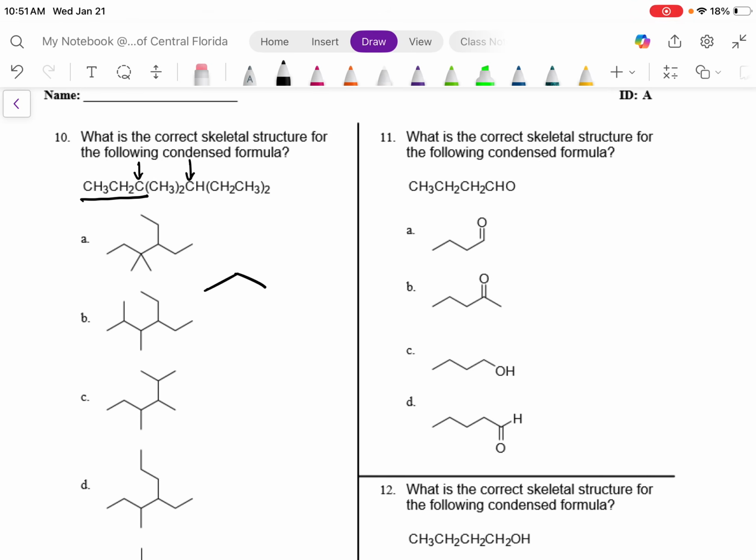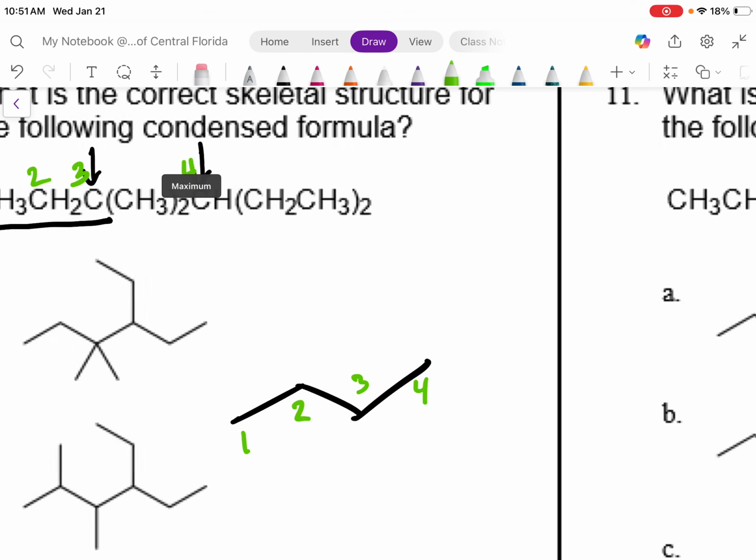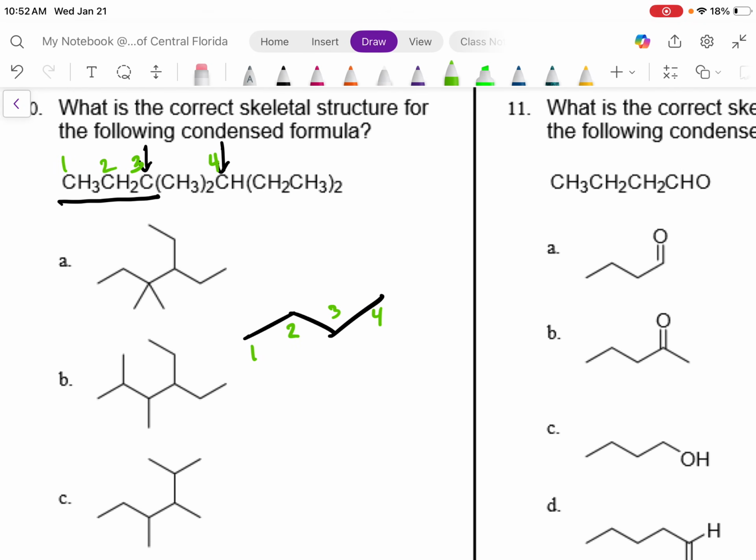So I'm going to draw another carbon. So if I number these things, 1, 2, 3, 4. I can see from the diagram here that carbon 3 has 2 methyl groups attached to it. So I will draw in my 2 methyl groups.